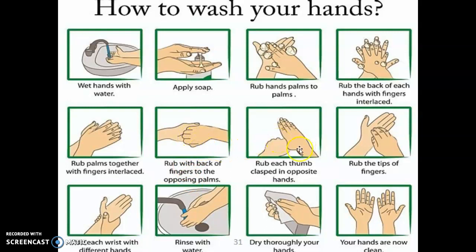Rub each thumb clasped in the opposite hand. Rub the tips of fingers. Rub each wrist with the opposite hand. Rinse with water. Dry your hands thoroughly. Your hands are now clean. That SOP you have to follow for maintaining personal hygiene.